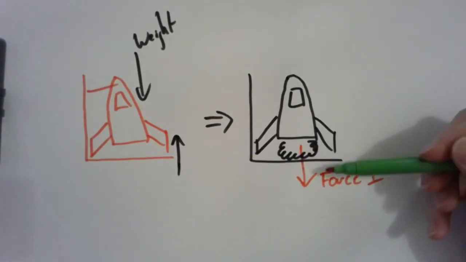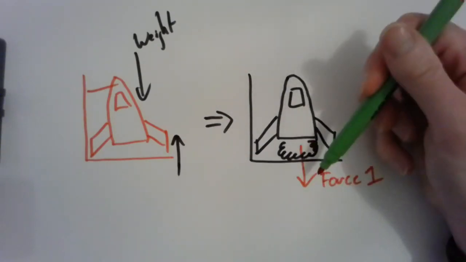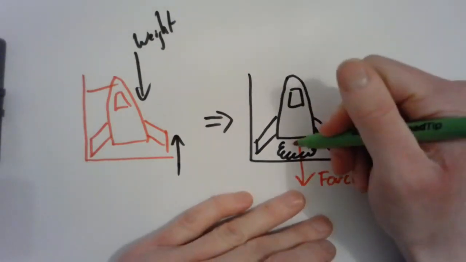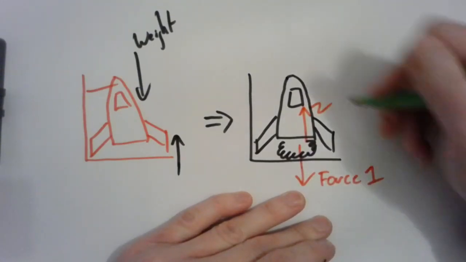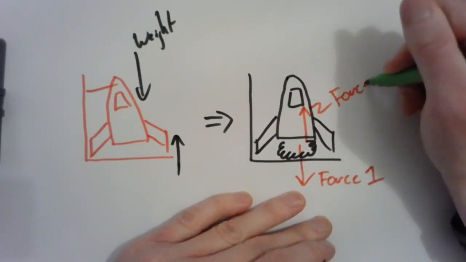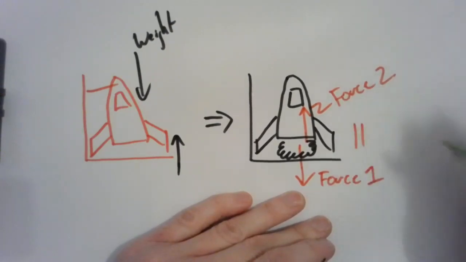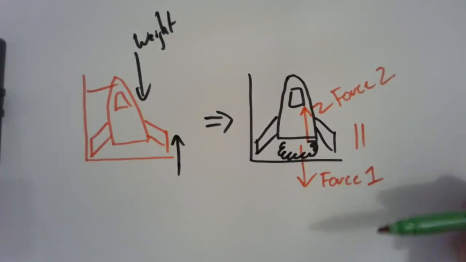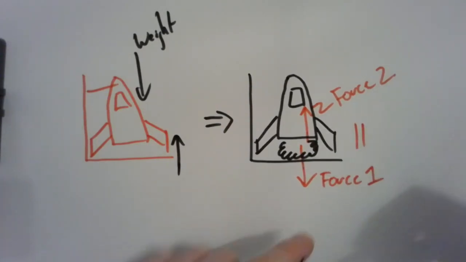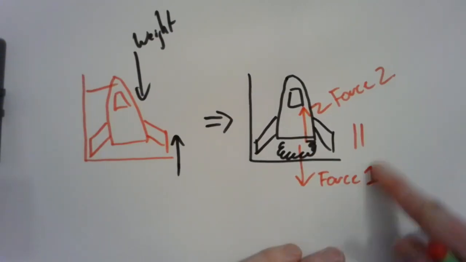That force being pushed out of your rocket applies an equal and opposite force to your rocket here. These two forces are equal to one another, and as a result your rocket doesn't move anywhere. Equal and opposite forces balance out and your rocket stays where it is. And if you watch a rocket being launched, you'll be able to see this.